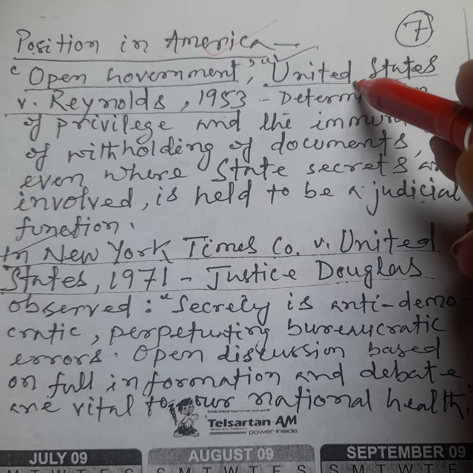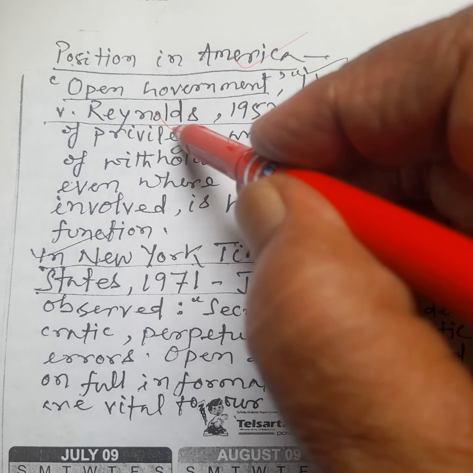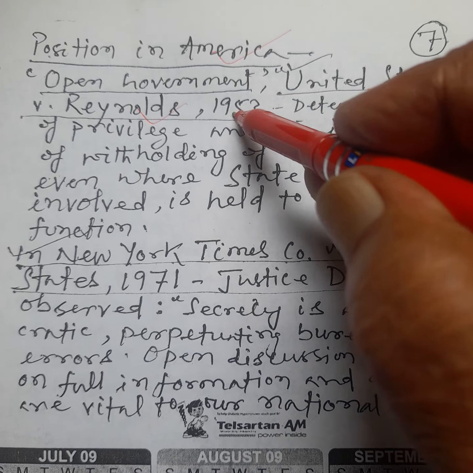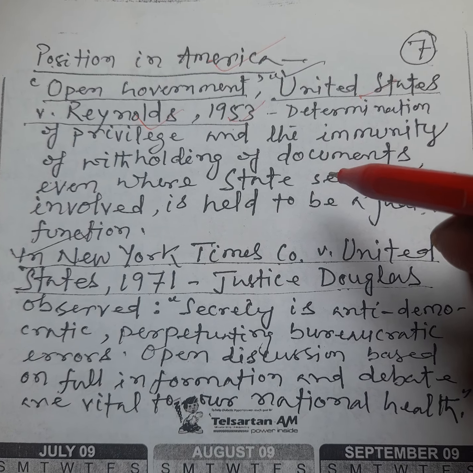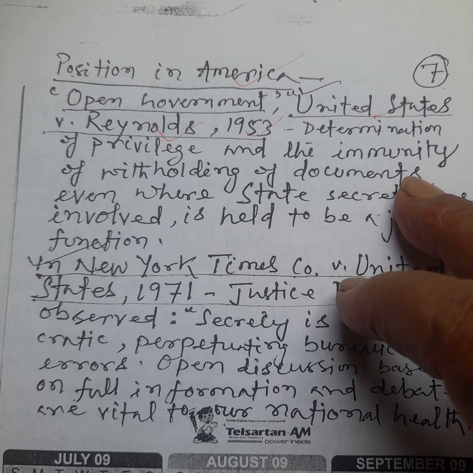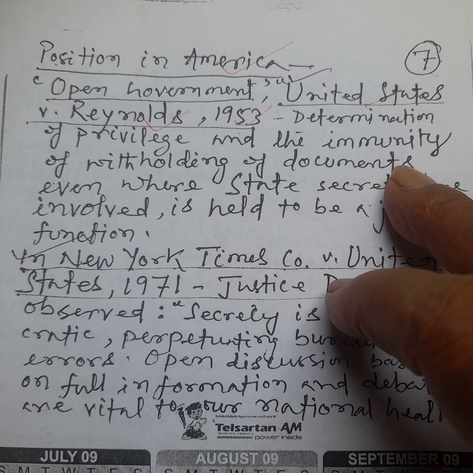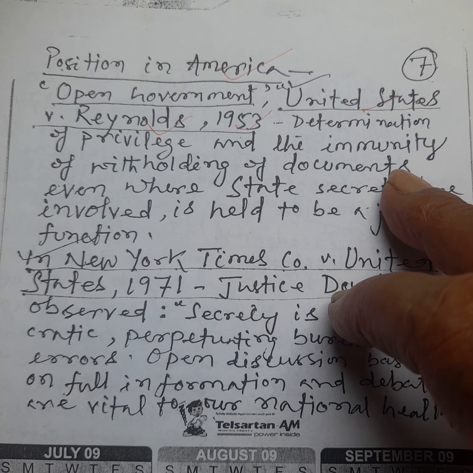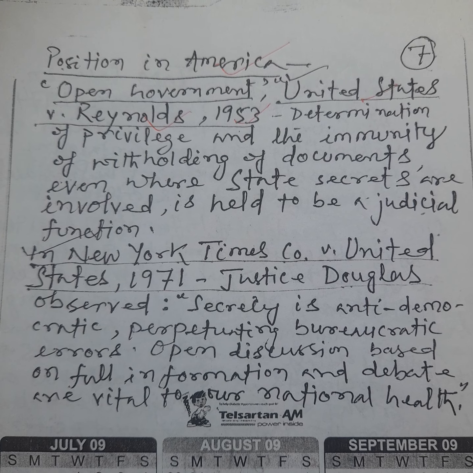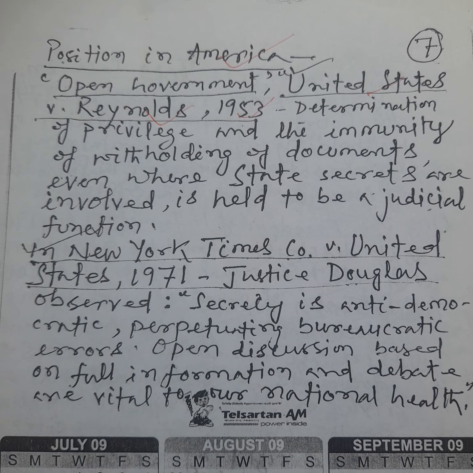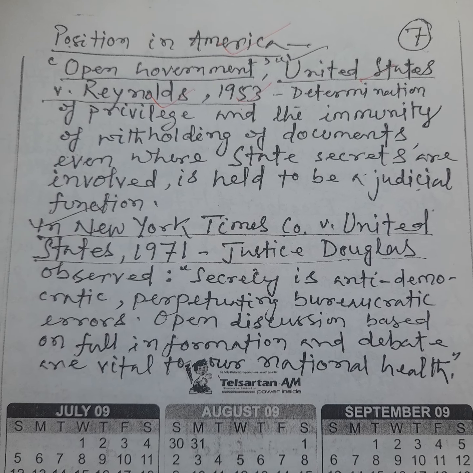So in United States versus Reynolds in 1953, it was held that the determination of privilege and the immunity of withholding of documents, even where state secrets are involved, is a judicial function.